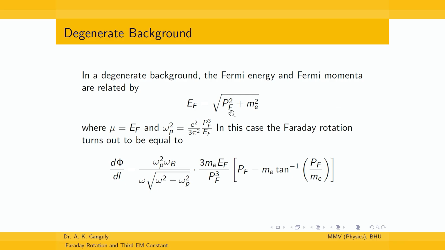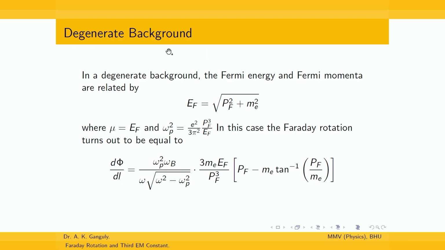When P f is much larger than the mass of the electrons, in that situation that we are talking about, omega p square, that is the plasma frequency, can be thought of as given by the expression that we have here. This is not necessarily that we have to consider the system to be almost massless. E f can still have mass, but in the degenerate background, it is not ultra degenerate.